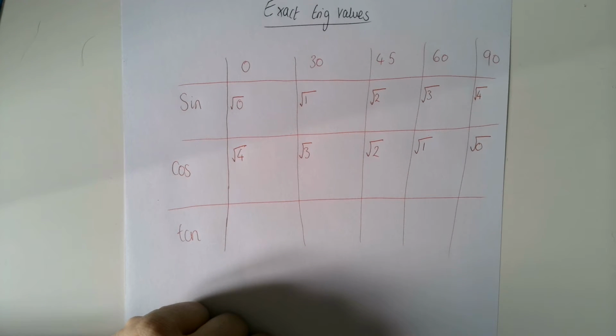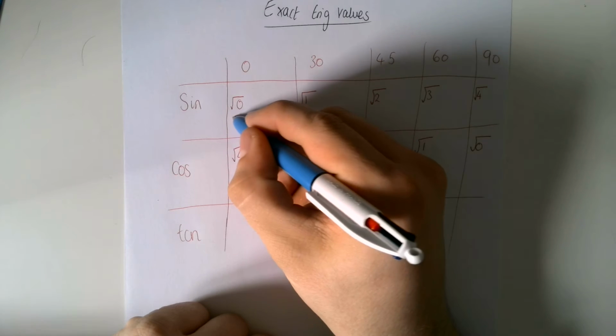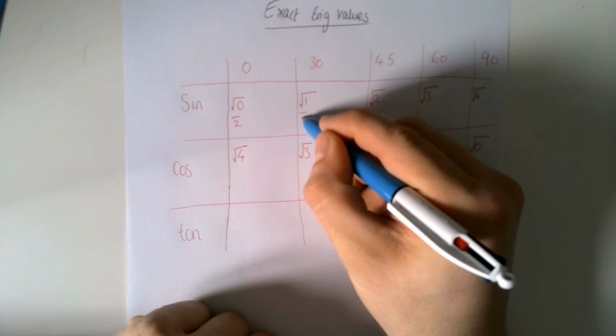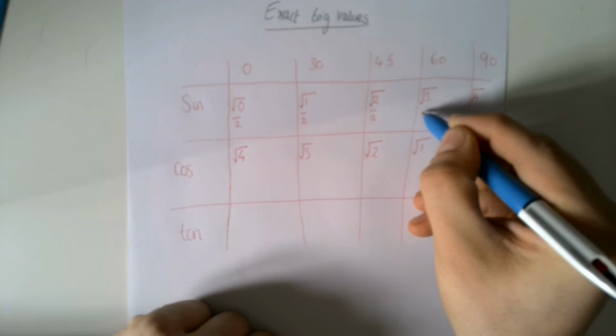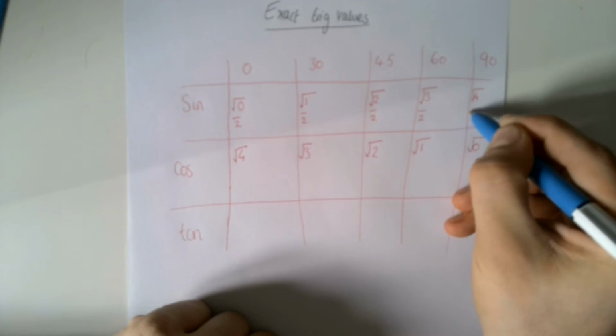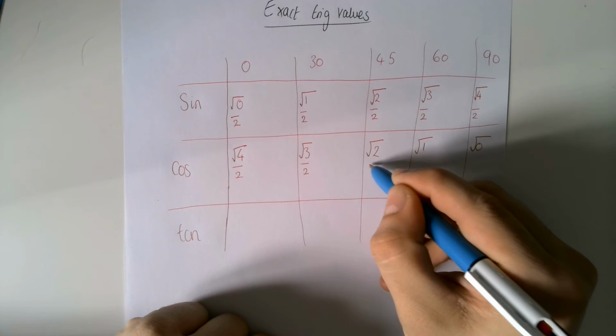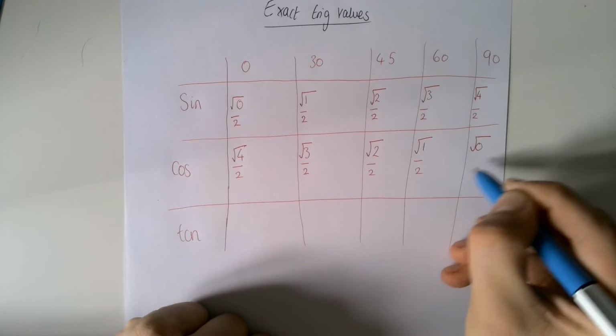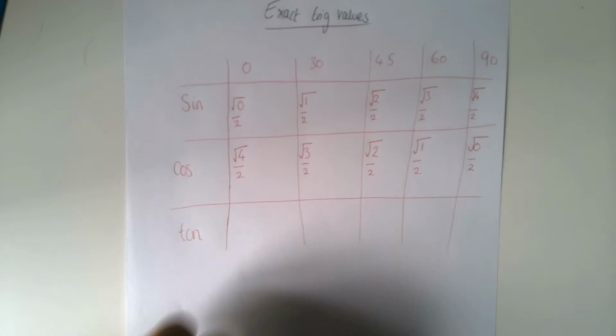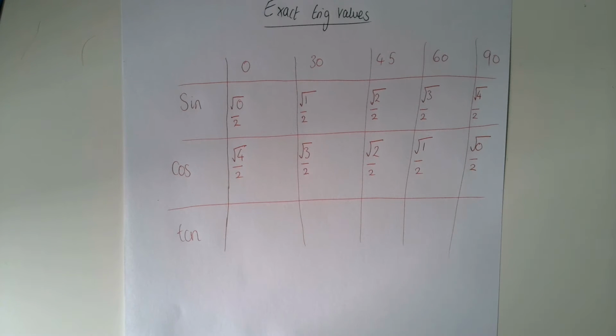And then you're going to want to divide it by 2. So you're going to square root every single one of those numbers and then divide it by 2.